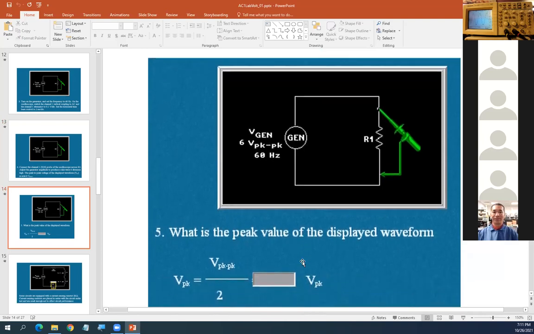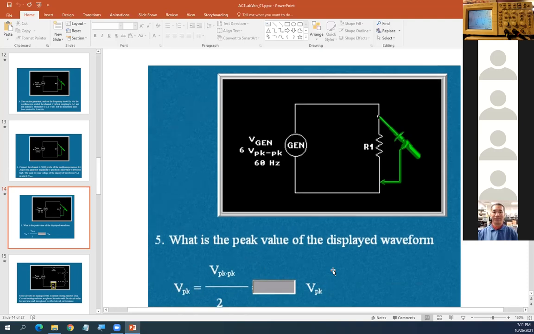And now they say what peak value. So basically, you press auto set measure, then the scope will tell you what the V peak to peak is. However, if they want V peak, then you have to take the V peak to peak divided by 2 to enter. Okay, so now, this is the first one.